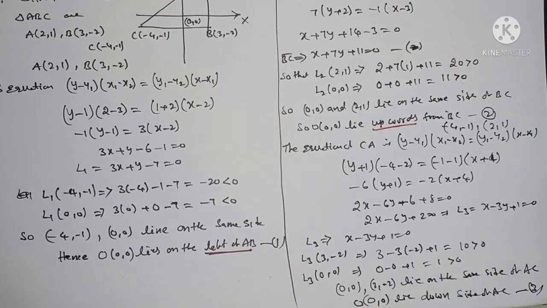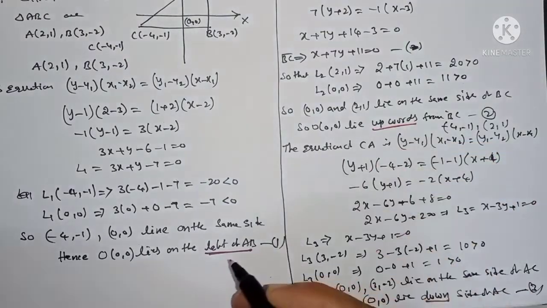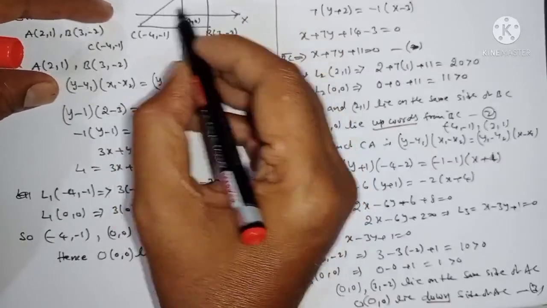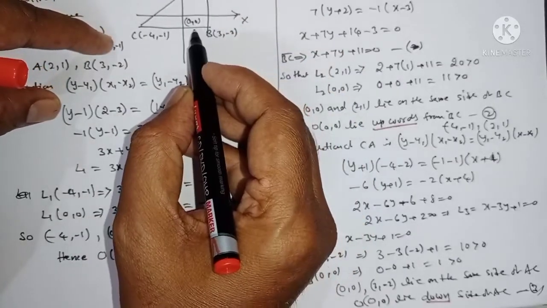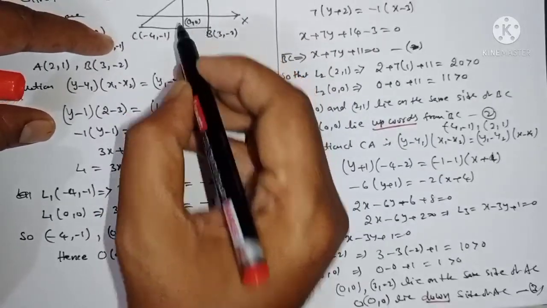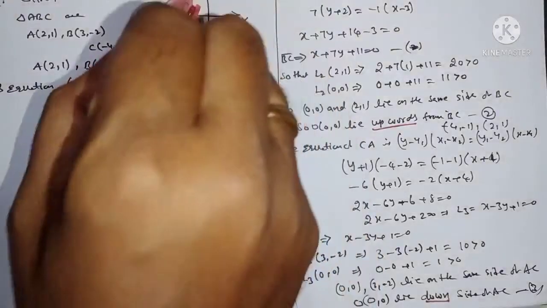You can observe here downside, upwards and left side. The AB equation is the left side, BC is the upside and AC is the downside. Therefore 0 comma 0 lies on the third only.